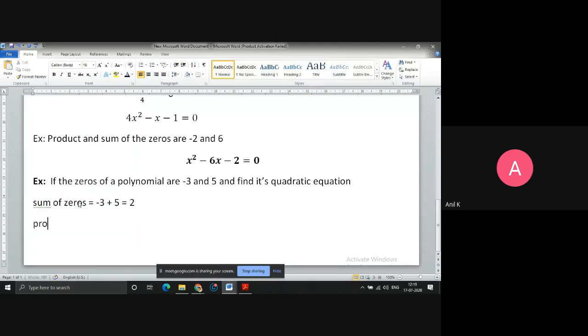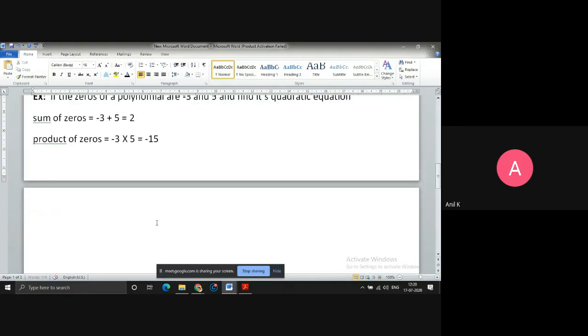Then you have to find product of zeros, which is equals to minus 3 multiplied with 5, which is equals to minus 15. Is that clear for everyone? So here zeros are given, alpha value and beta value is given to you. So here I got alpha plus beta value as 2, and here I got alpha into beta value as minus 15.